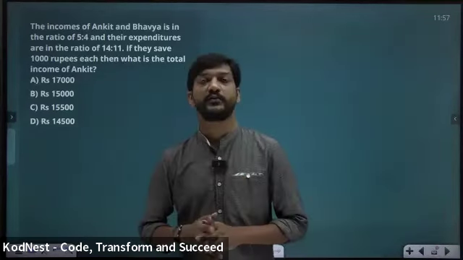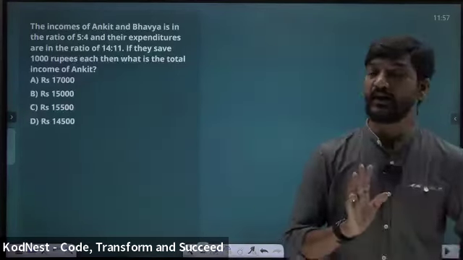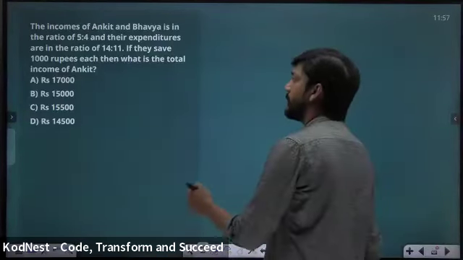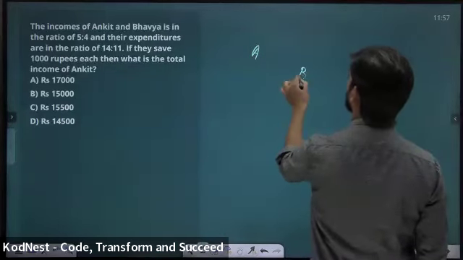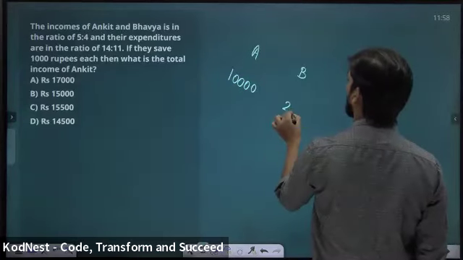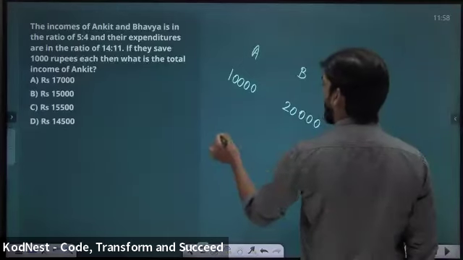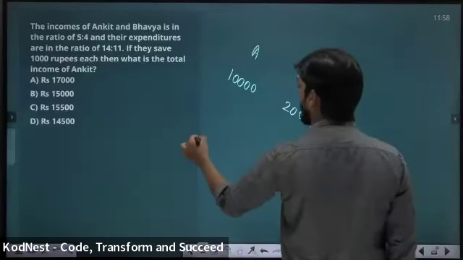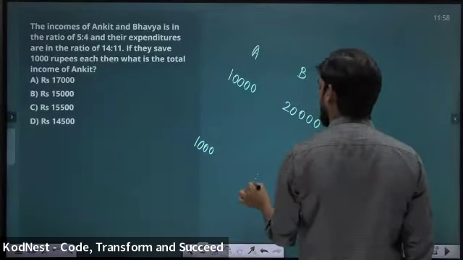In the questions, when we have savings, same savings, I'm saying. In that case, for example, let's take 2%, 10,000 salary, 20,000 salary. Okay. I'm taking the savings of A as 1,000. Taking the savings of B also 1,000. Okay.